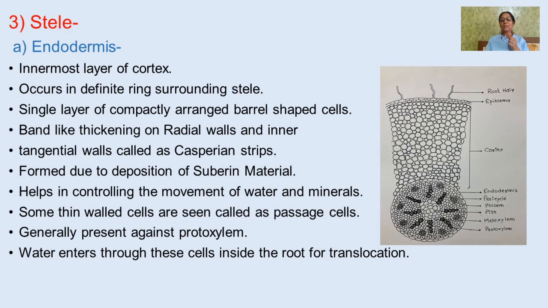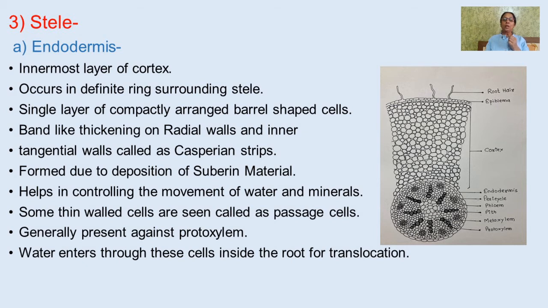Due to the presence of these thickenings, the cells of the endodermis become thickened, due to the presence of Casparian strips on them. The thickened structure produced on the walls of the endodermis is due to the deposition of a chemical material called suberin.